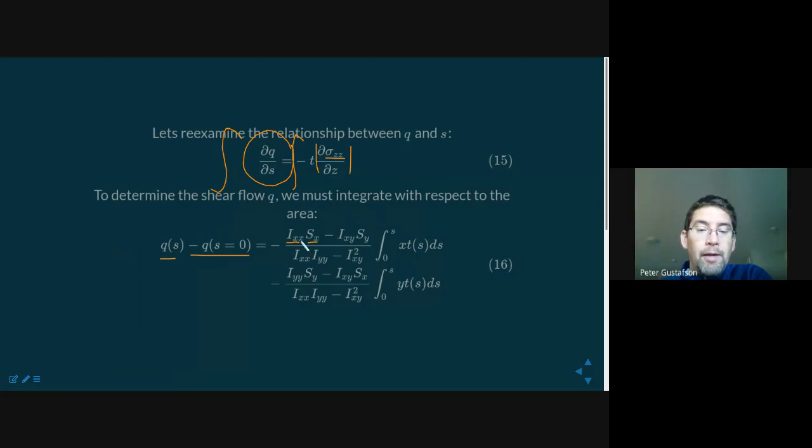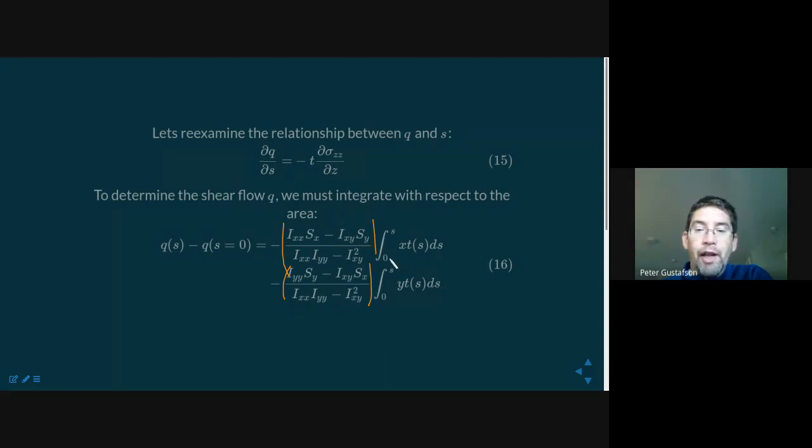All of these terms, in both the top level and the bottom level, are constant with respect to the integral, and what remains inside the integral are only the things that are functions of S.